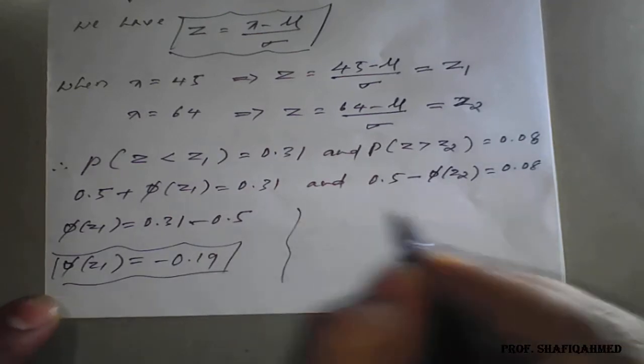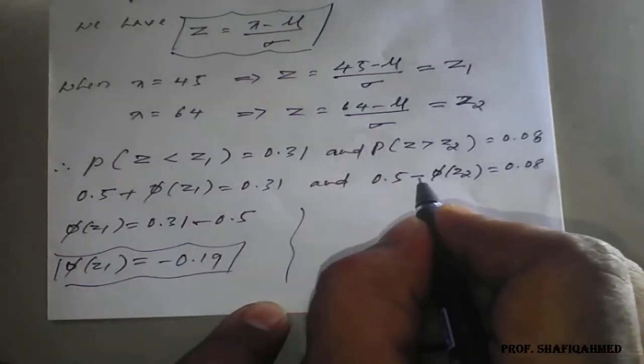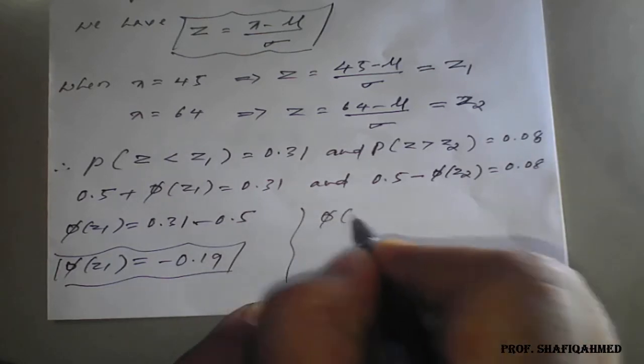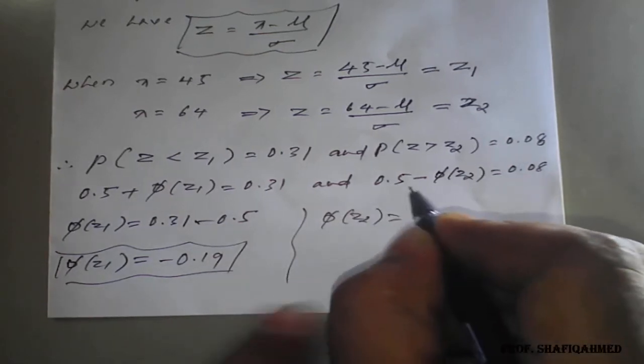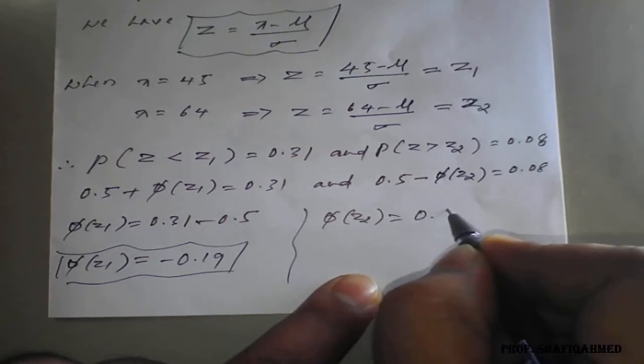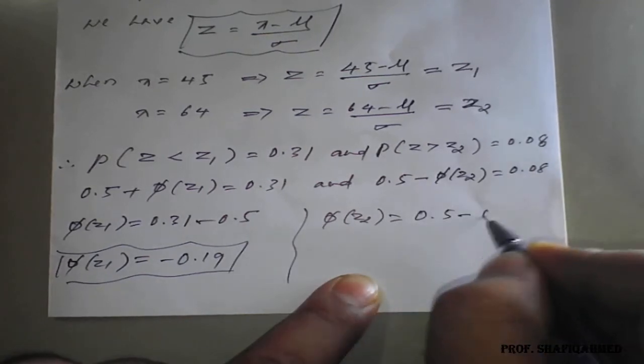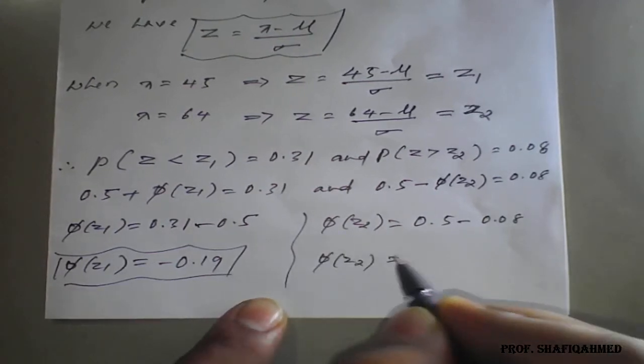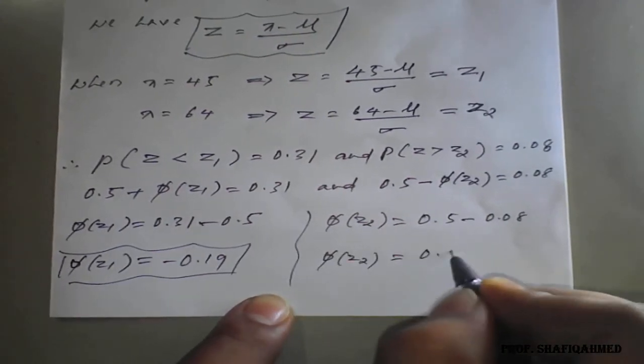And from this, shift the minus phi of Z2 to the other side, it will become plus phi of Z2 is equal to 0.5 minus 0.08, so phi of Z2 will be 0.42.